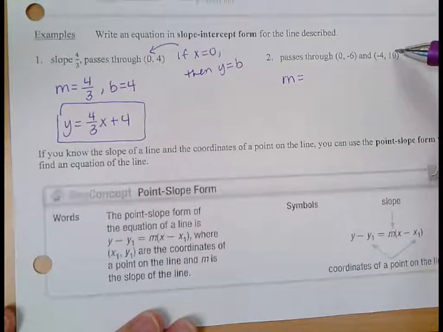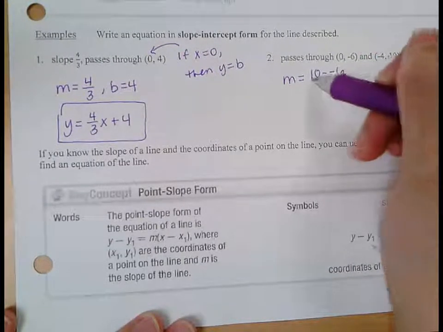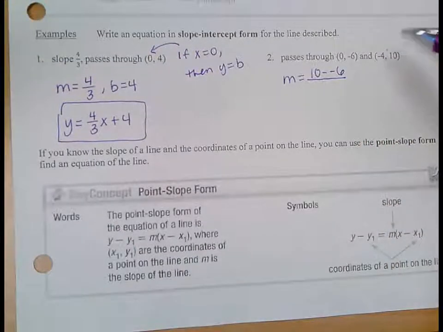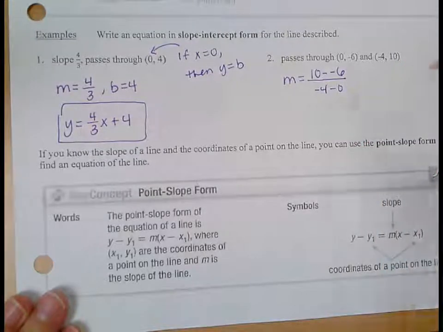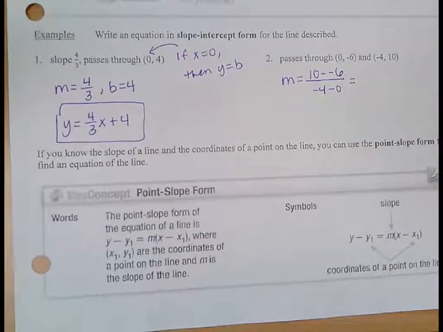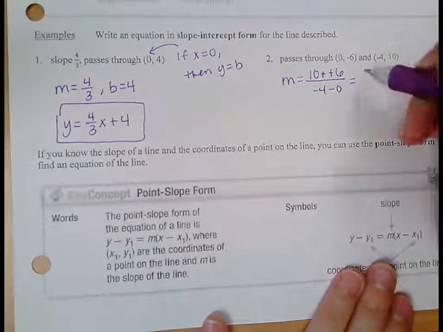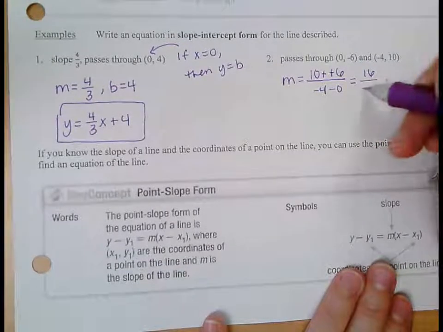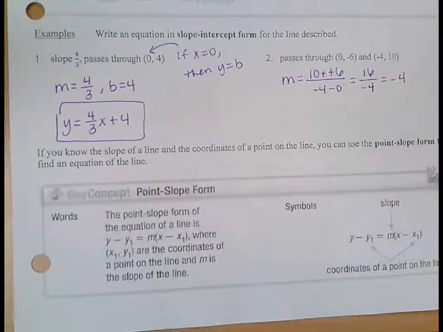So change in y on top would be 10 minus -6 over change in x on the bottom, -4 minus 0. So on top, 10 minus -6 is really 10 plus 6, so 16 over -4, which simplifies to just -4. So our m is -4.